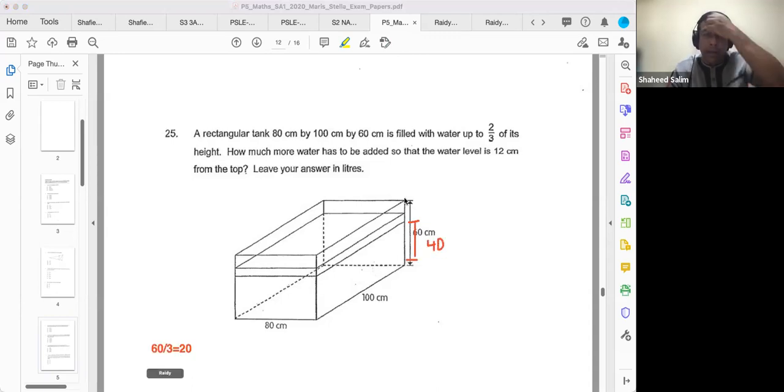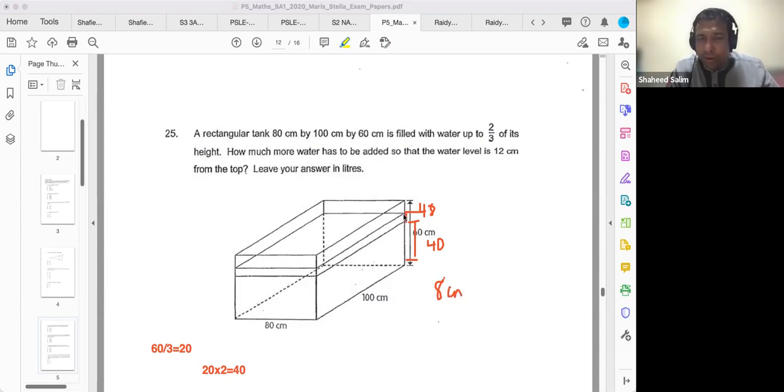Yes, correct. And then the next one you did was 12 cm from the top. So you took 60 minus 12, you get 48. And then you said, very good, 48 minus 40 is 8 cm. Good. So this is 8 cm.